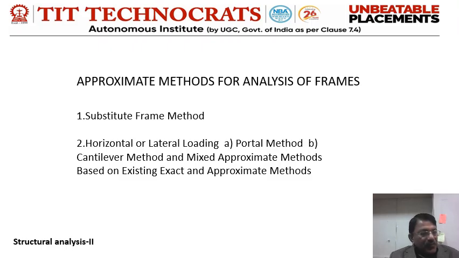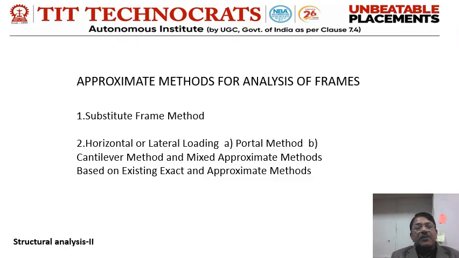Now, as we discussed in the beginning of structural analysis, an exact solution or exact analysis of a structure is basically not possible. We can reach 98 or 99.99% accuracy of analysis, and we are able to find the values of unknown forces or unknown displacements by using different methods of analysis.